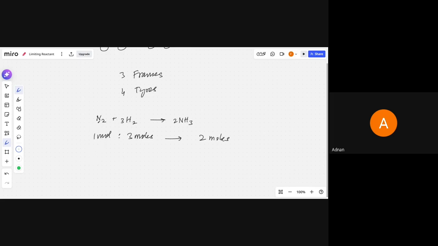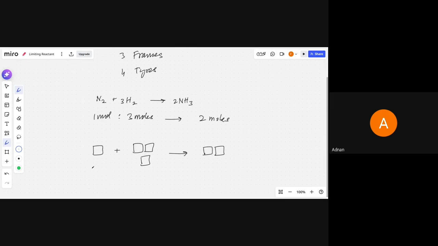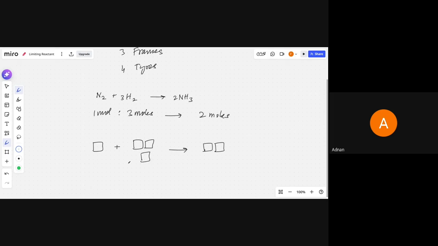So this is one mole, so I'm going to draw one box. One box is required to react with three boxes of hydrogen gas to produce two boxes of ammonia. So this is 1:3:2.